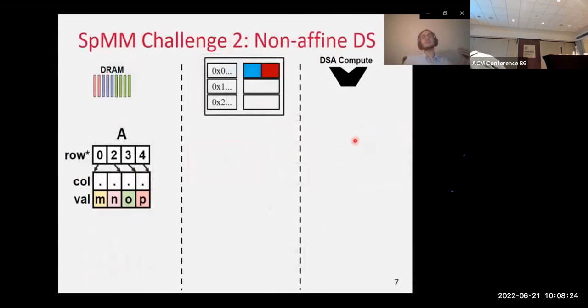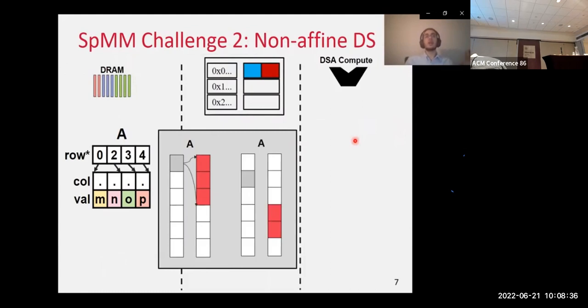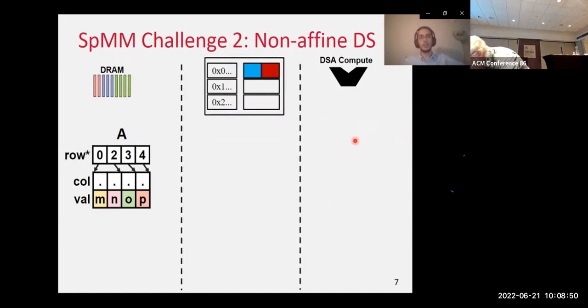The second challenge is that now we have to cope with non-affine data structures. And by non-affine data structures, we mean that, similar to this demonstration, for getting the data that we require, we have to read some portion of the data first, another portion of the matrix, get some indices or pointers, and based on that information, go and fetch the data that we need.